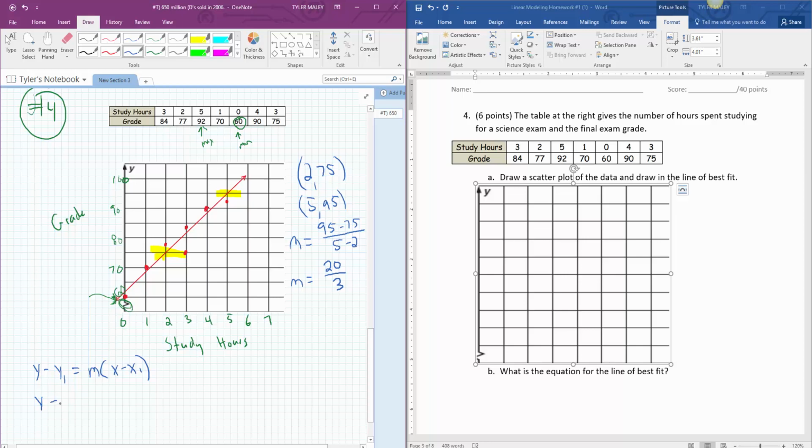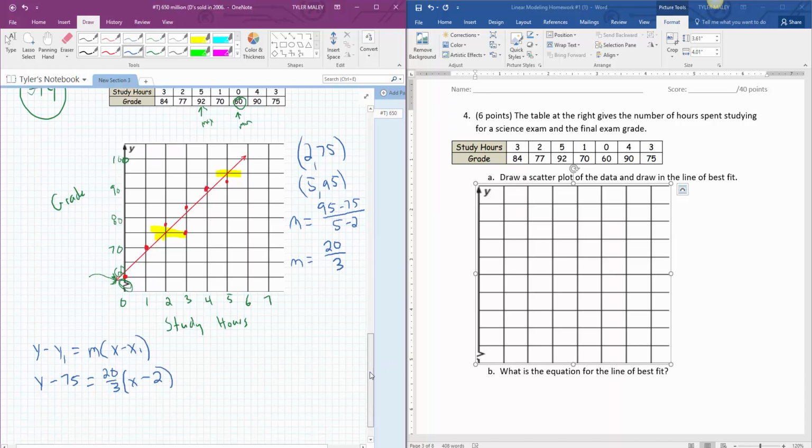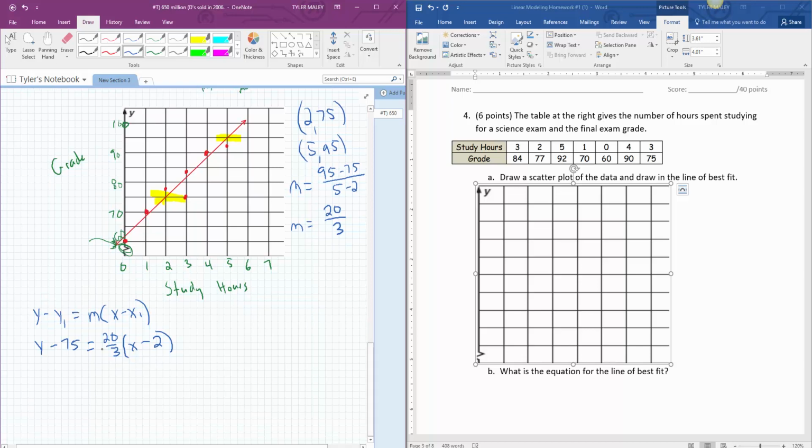So I'd have y minus 75 equals my slope 20/3 times x minus x1, which would be 2. The first thing I want to do is distribute the 20/3, so I'd have y minus 75 equals 20/3 x, and then 20/3 times negative 2 would be minus 40/3.